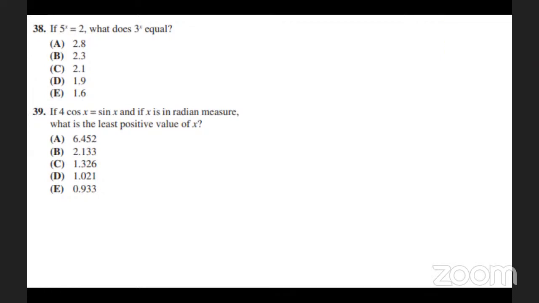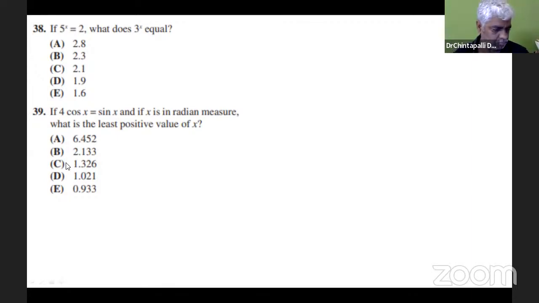5 to the power x equals 2. What does 3 to the power x equal? Do you remember earlier we discussed the concept of log?